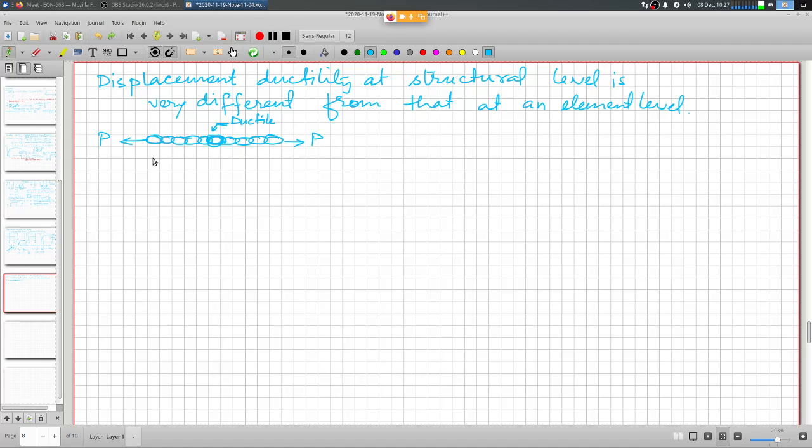So let's say this chain comprises n brittle links and one ductile link. For the n brittle links, the load deformation curve might be like this.